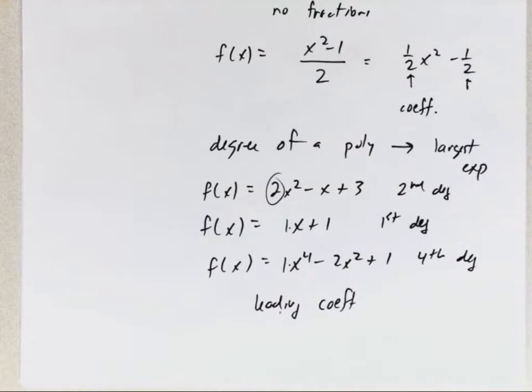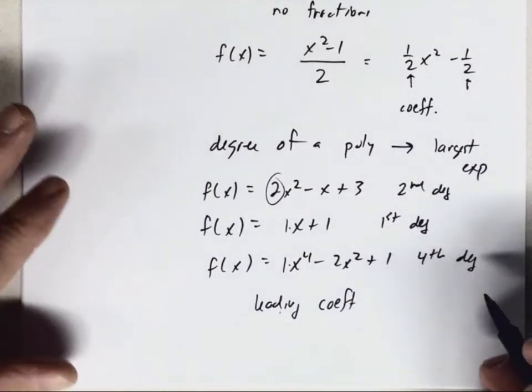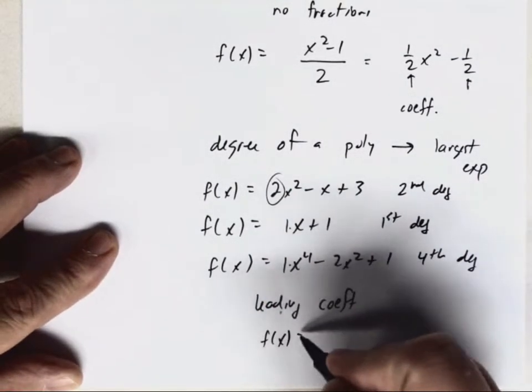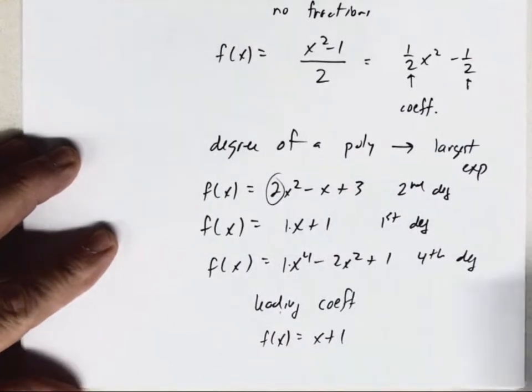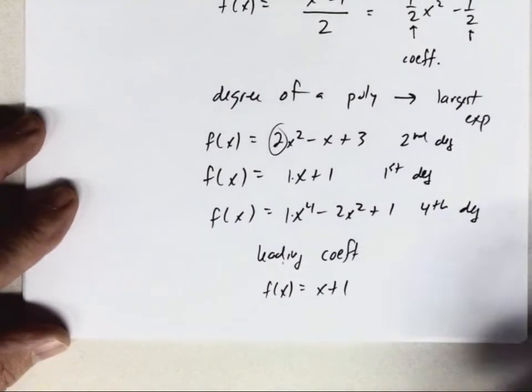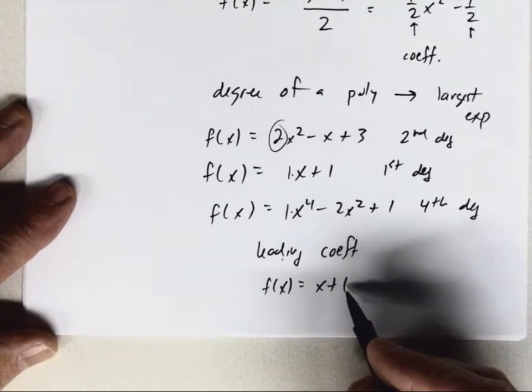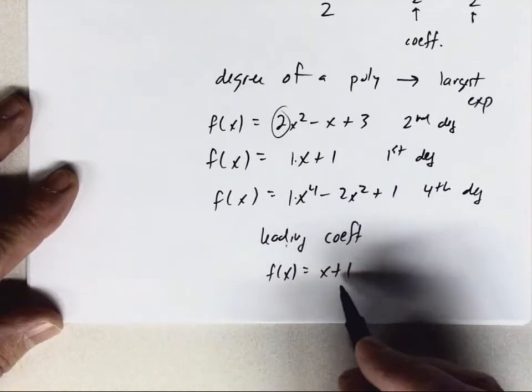Alright, so those are some definitions of what a polynomial is. Now, we're going to start doing some math with polynomials. And just so you know, you're going to see me do this occasionally as I do some problems. Here's an equation or a function written in function notation.